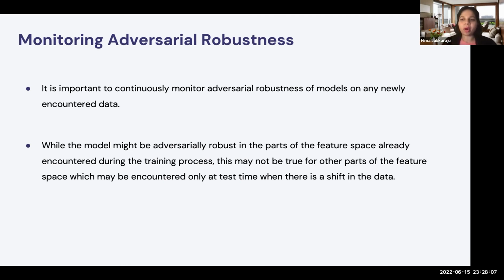So that's why it's important to compute this expected worst case loss of the model continuously so that we can ensure that no matter what data is coming in, the model still remains adversarially robust.